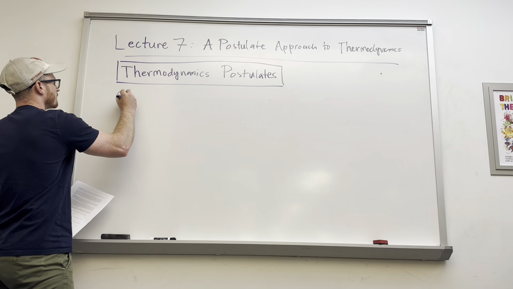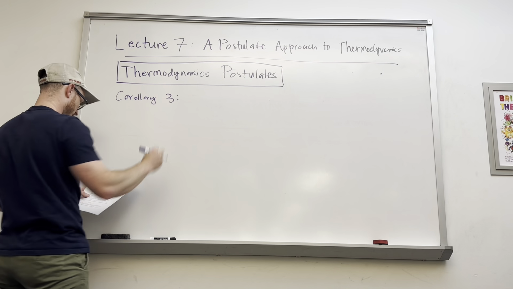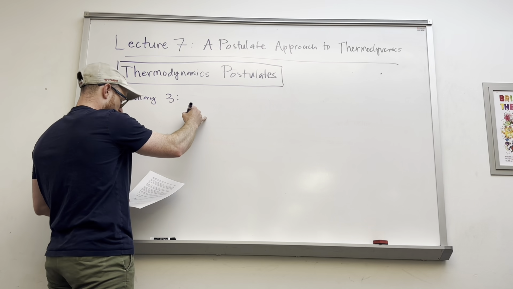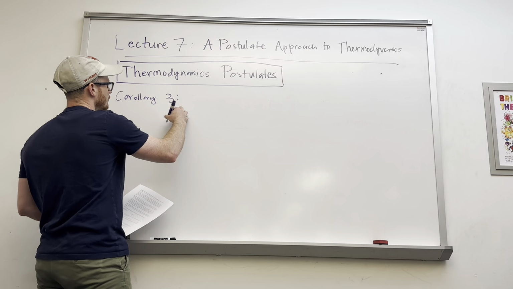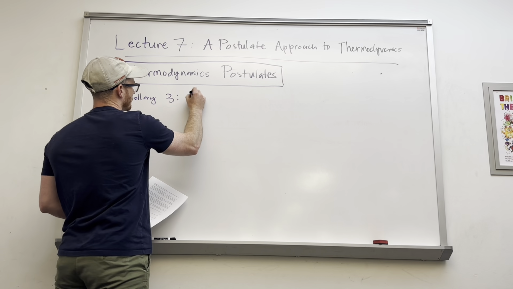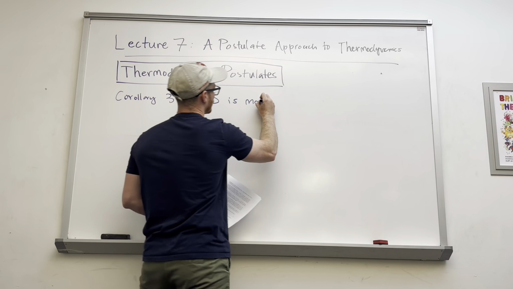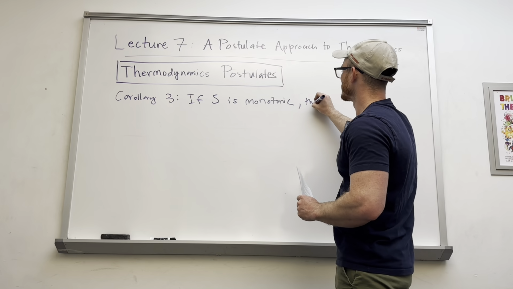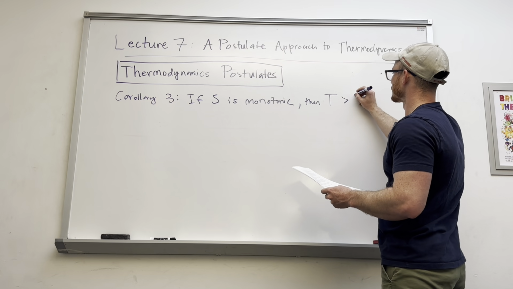Corollary 3. The fact that the entropy is monotonic implies that temperature is non-negative. So if S is monotonic, and we'll introduce this definition in a little bit, then temperature is strictly positive.